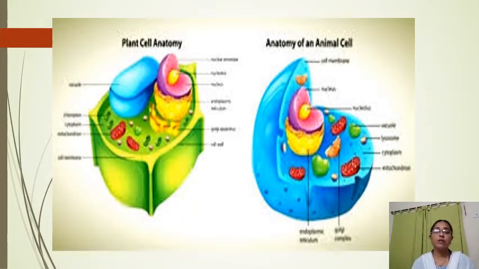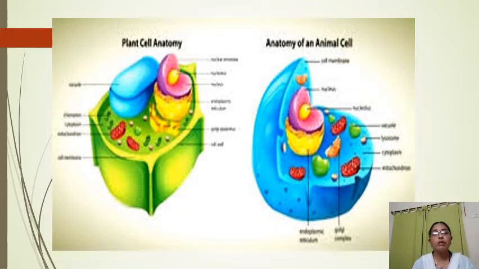So what are the differences between plant and animal cells? The plant cell has a cell wall; the animal cell does not. In plant cells the vacuoles are very big; in animal cells, if vacuoles are there, they are very tiny. One more difference is that the nucleus is shifted.